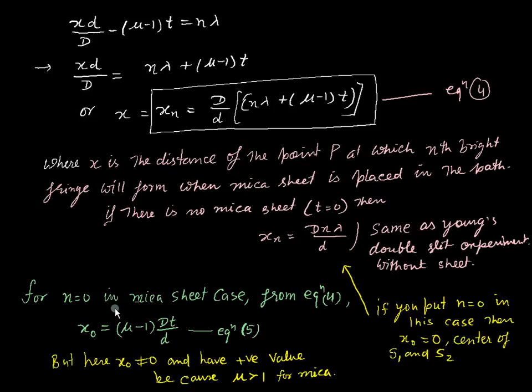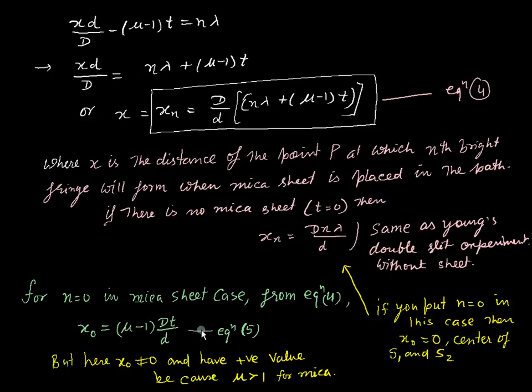For n is equal to 0 in the mica sheet case, from equation number 4, for n is equal to 0, x0 will be equal to mu minus 1 capital D t upon small d.